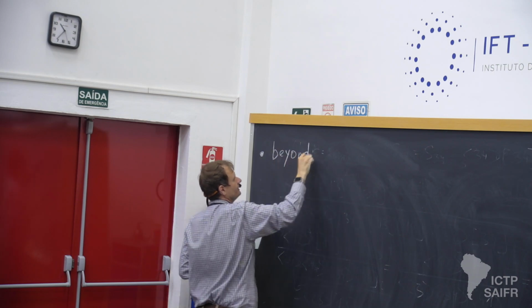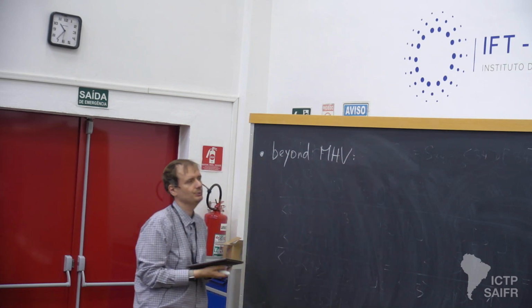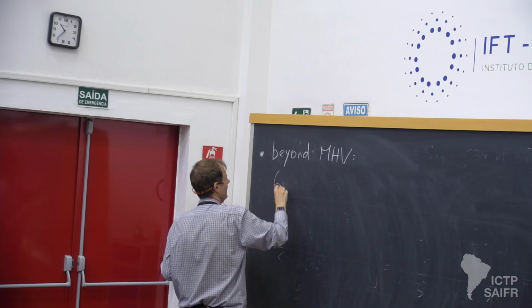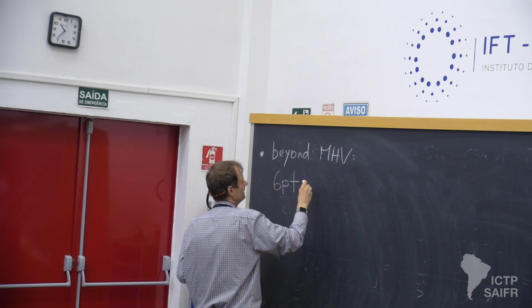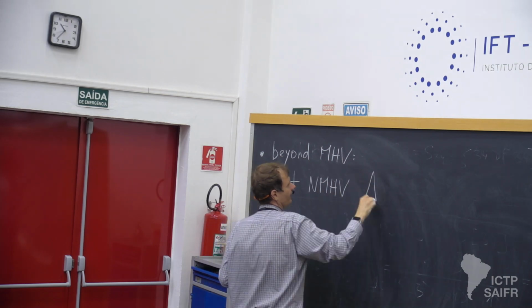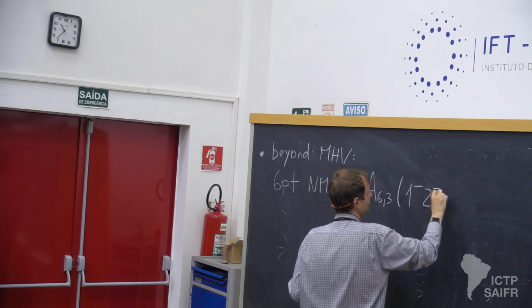So this now works for any helicity. We just did it for the simplest one with 2 minuses, the MHV. But the first real new case is a 6-point amplitude, which we would call NMHV, where the number of minus helicities is 3.